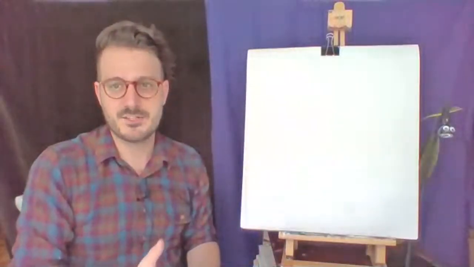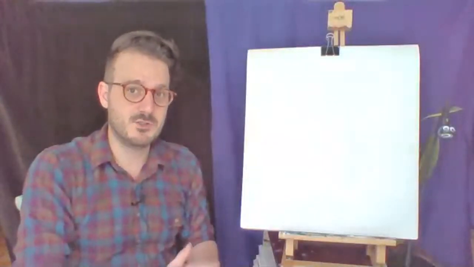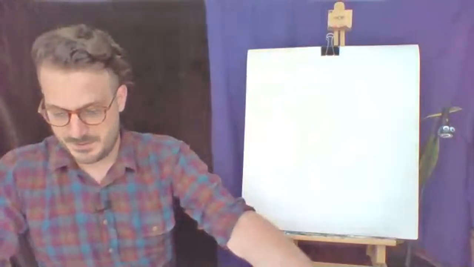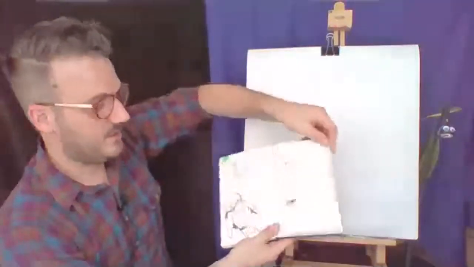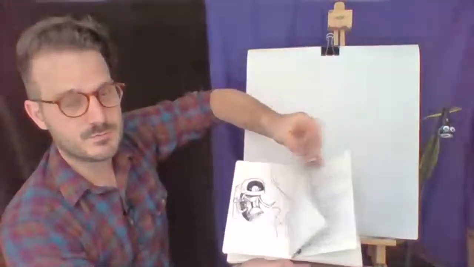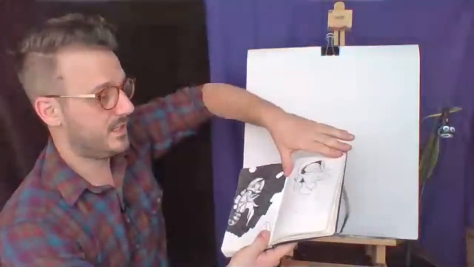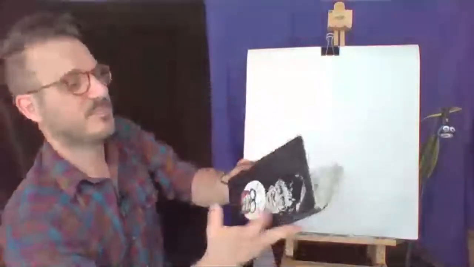I don't always have that totally in mind right away. Sometimes it takes a little bit of time for me to discover it. In my sketchbooks, I have loads and loads of drawings that I don't really like. I have lots that I do like.